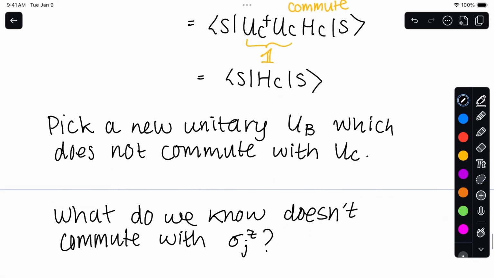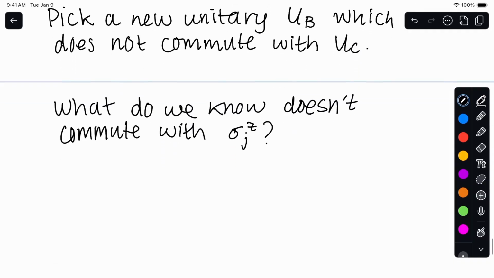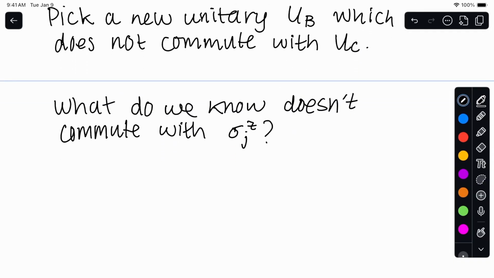So now we're going to pick a new unitary, which we'll call a mixing unitary, which does not commute with our cost unitary. So what do you know of that doesn't commute with sigma z? So sigma x and sigma y both don't commute with sigma z.